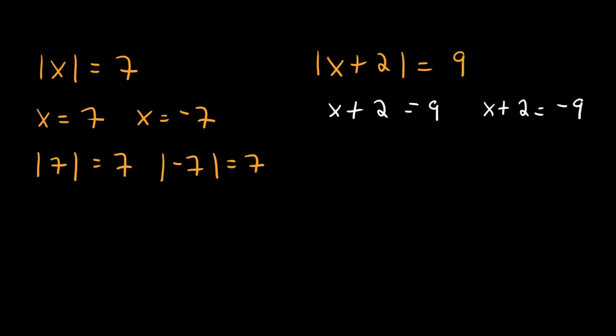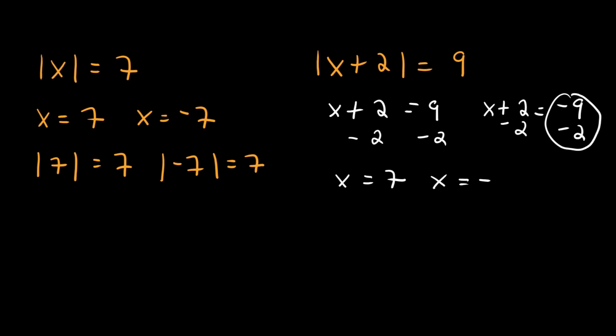Now, how do we solve for x? If we minus 2 over here, we need to minus 2 on the other side. That will be x equals 7. And let's minus 2 and minus 2. We're going to add these two negative numbers, so x would equal negative 11.